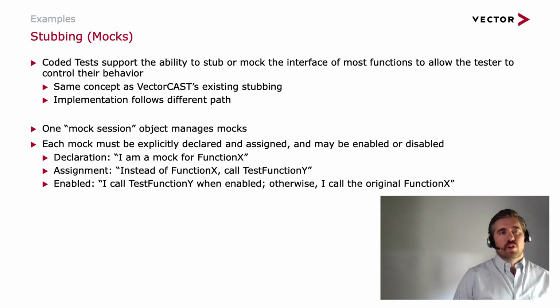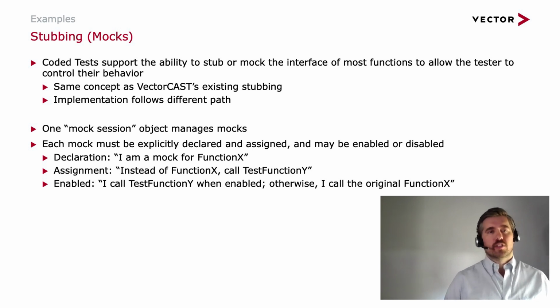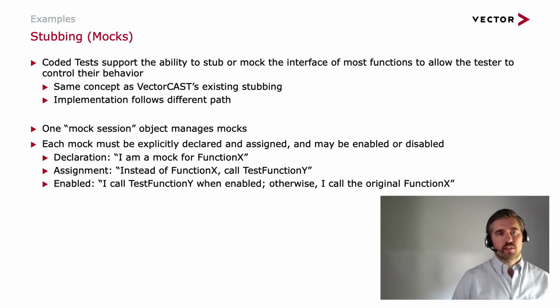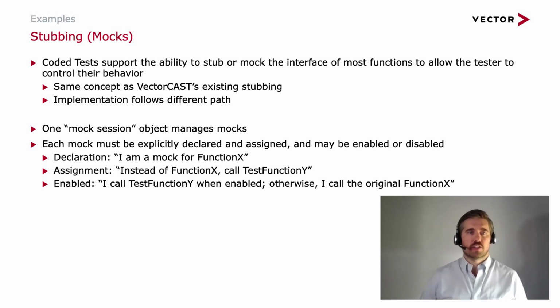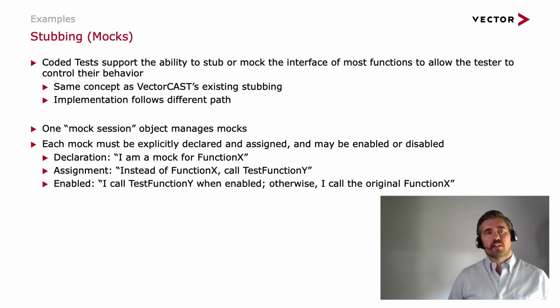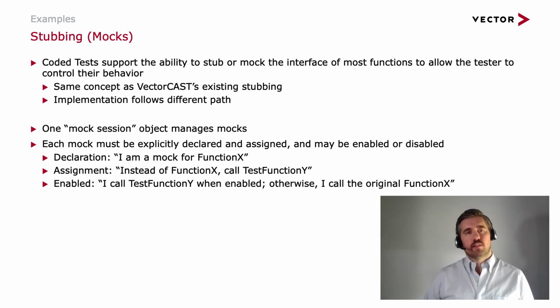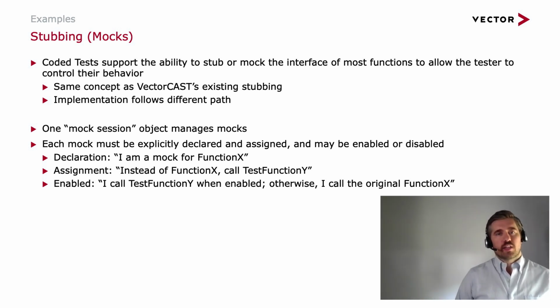The workflow for defining mocks is relatively straightforward. You first say, I want to mock a function, by requesting a mock for the function and its signature. And you assign it a function that you've created with an equal signature, saying, I want this behavior instead. And then you can enable or disable mocks in your code.